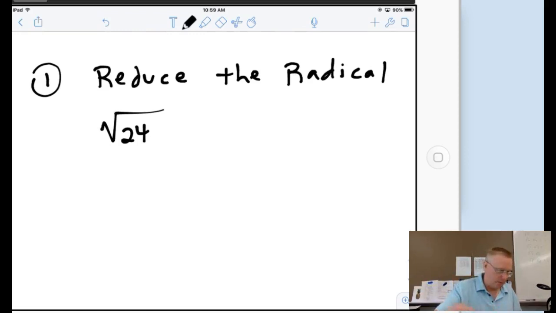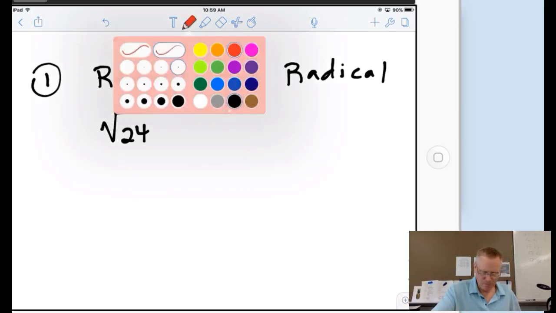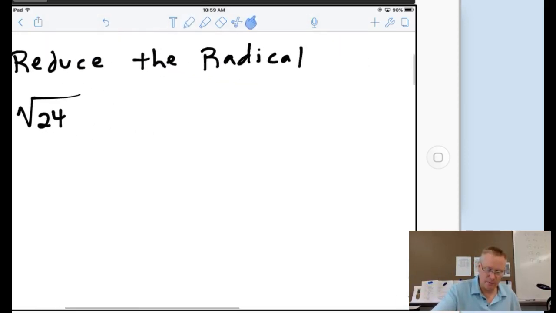So the way we do this, we need to probably start by talking about perfect squares, okay? Perfect squares are numbers where a number times itself multiplies to it.